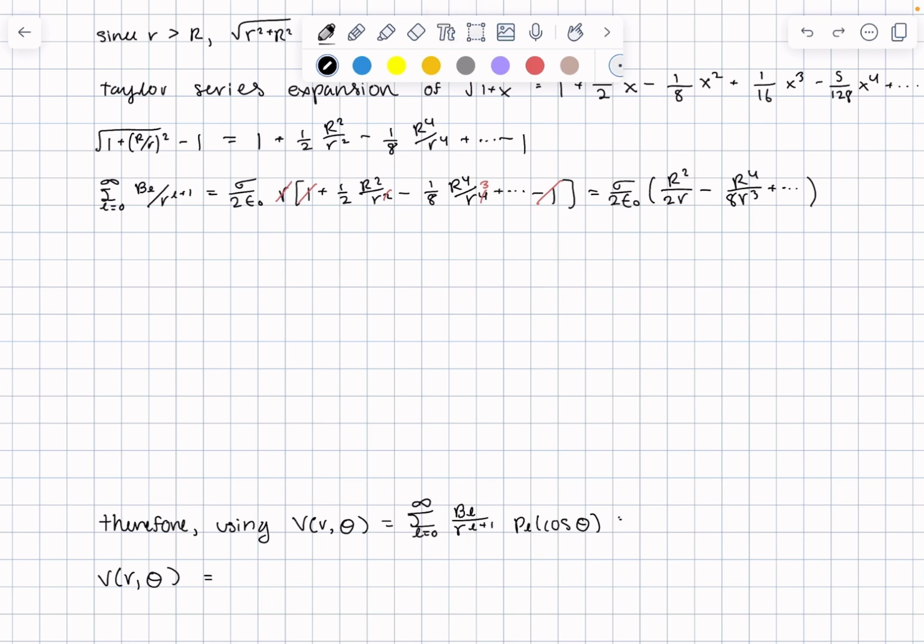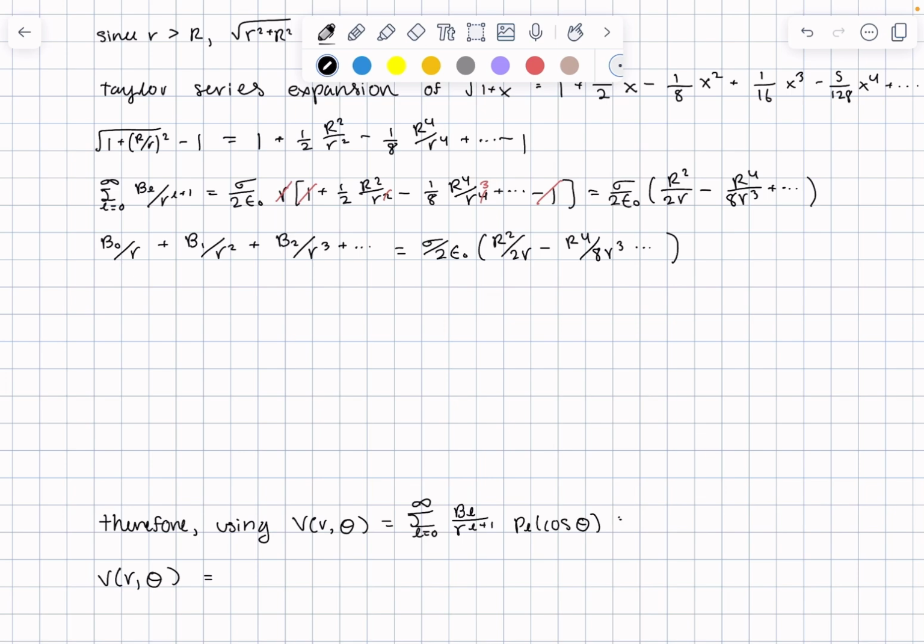We can say that B_0 over little r plus B_1 over r squared plus B_2 over r cubed plus continuing is equal to sigma over 2 epsilon naught times big R squared over 2r minus big R to the 4 over 8r cubed, continuing.